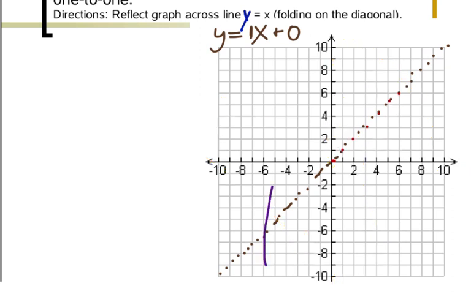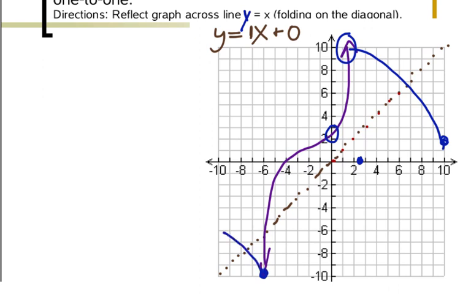So let's say I have this graph right here. Now if that was going to get reflected, then this too would reflect right over here. This point right here would match up right there on the other side of that line. This point right here would reflect right over on this side.